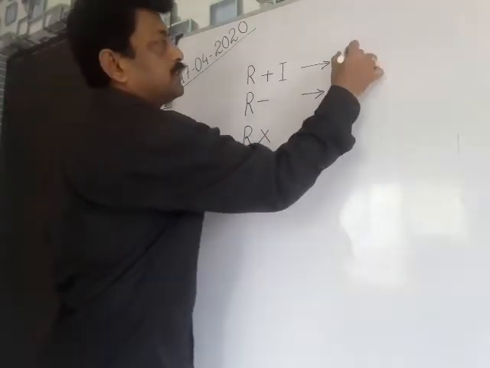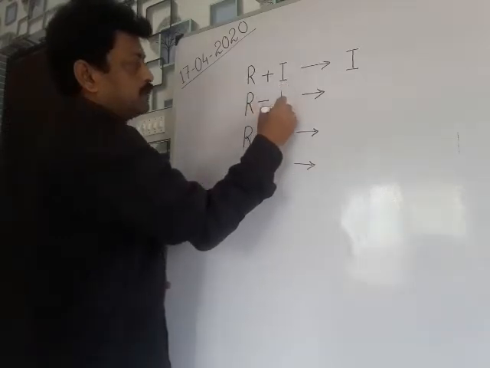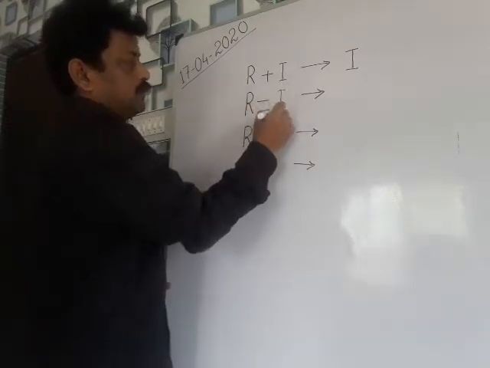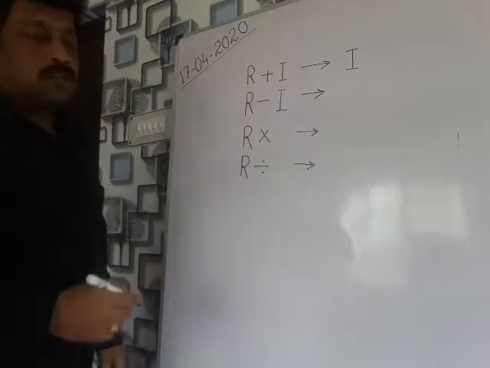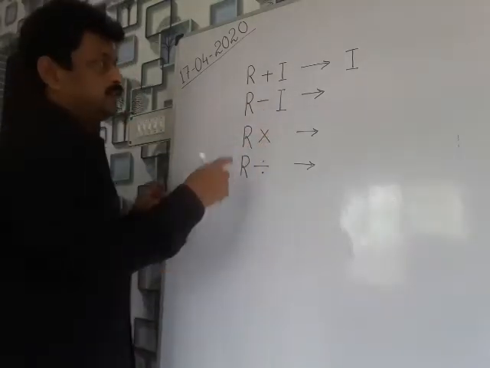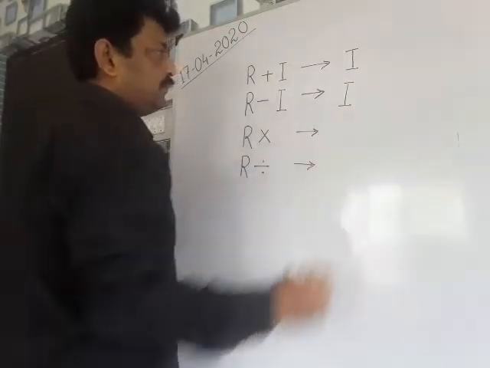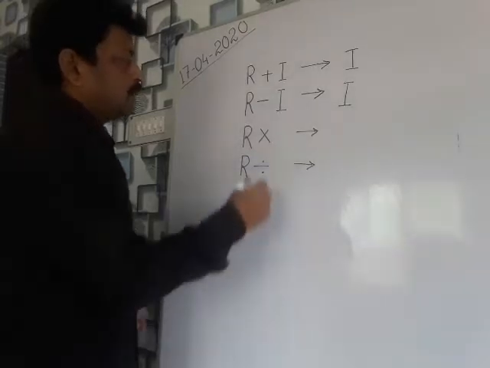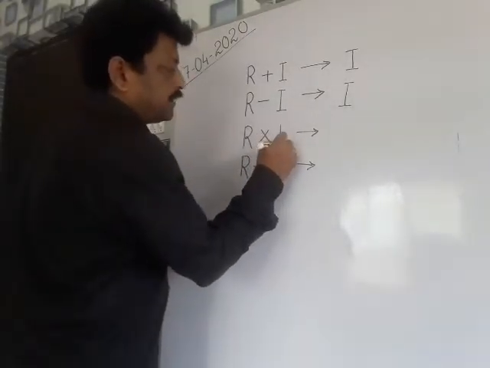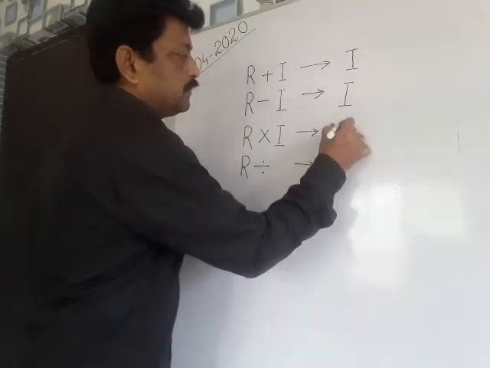I denotes irrational here. I am writing in short. If rational and irrational are subtracted, meaning rational minus irrational or irrational minus rational, anything, then the result is also irrational. If rational and irrational numbers are multiplied, the result is irrational.